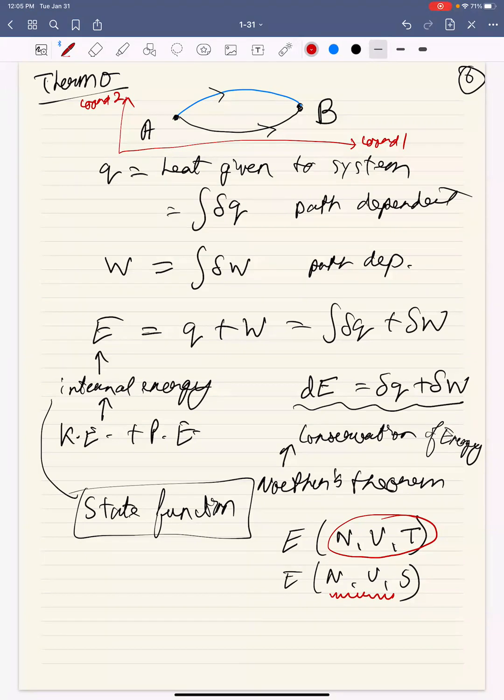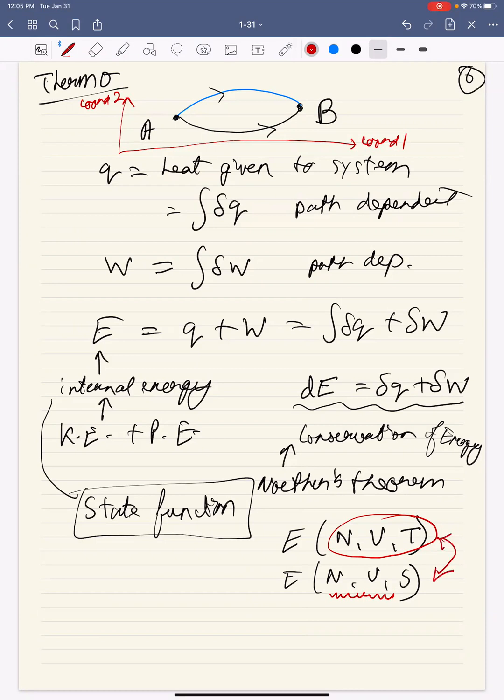The point being, NVT are sufficient to tell me the value of E, because E is a state function. And in order to describe a state, I need only 3 variables. So if I know NVT, I got my E. Similarly, if I knew NVS, I'm told there exists a magical function somewhere which tells me the value of E. But what is it that fundamentally distinguishes these two?